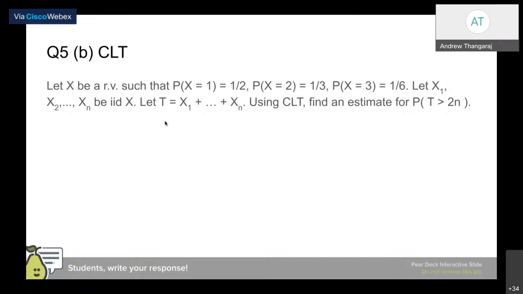If you want to say t by n is normal, then you will get it to be normal with mean mu and variance sigma squared by n. The variance will be sigma squared by n. It won't be root n.